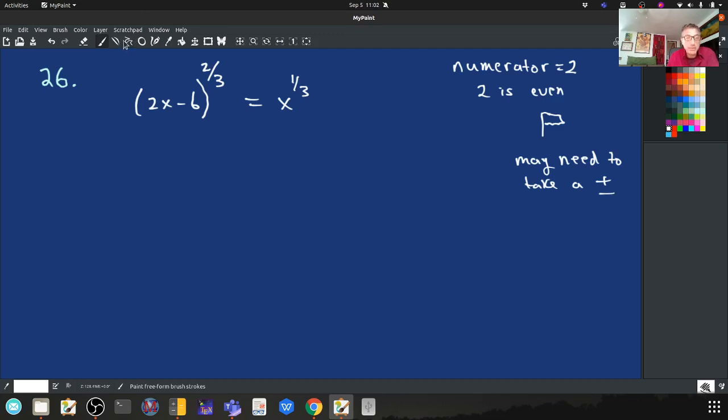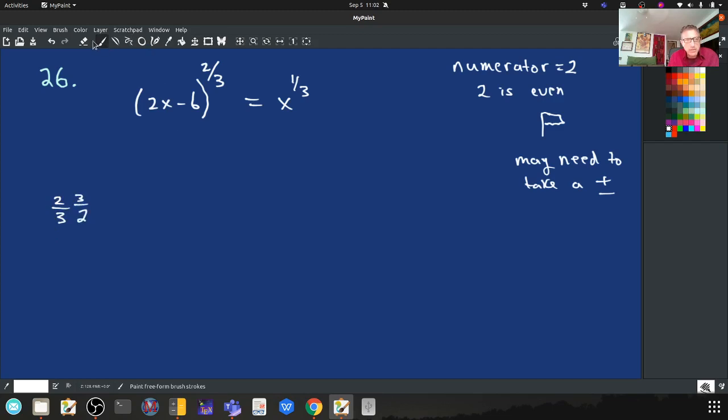In this case, it'll turn out that we don't. So what's the procedure? We look at the left-hand side, this side right here, and its exponent is 2/3. So the reciprocal of 2/3 is 3/2.